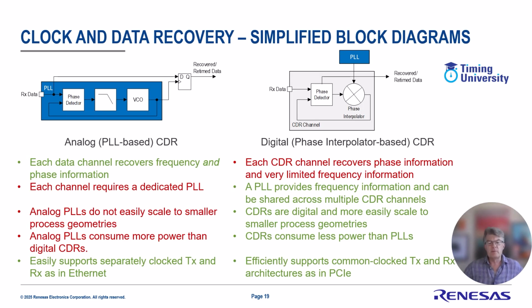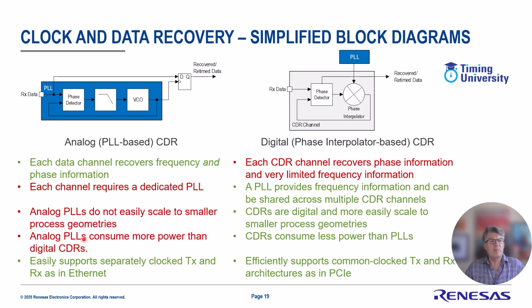So the simplified block diagrams for clock and data recovery are shown here. On the left is the analog version, which has a complete full PLL built into it to get to the recovered data at the latch. Each channel is able to recover both frequency and phase information. That's a plus. However, each channel requires a dedicated PLL in the receiver, and analog PLLs don't really easily scale as you go down in process geometries to make your SerDes devices more dense.